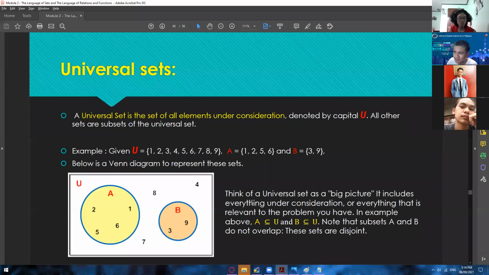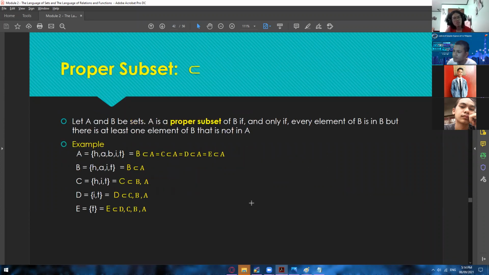Hindi kasi sir, parang 'di ba, yung universal set, lahat ng elements na nasa universal set. Then dito naman sa superset, yung element ng A, lahat ng element ng B, C, D, at E ay nasa A. Parang ganun.